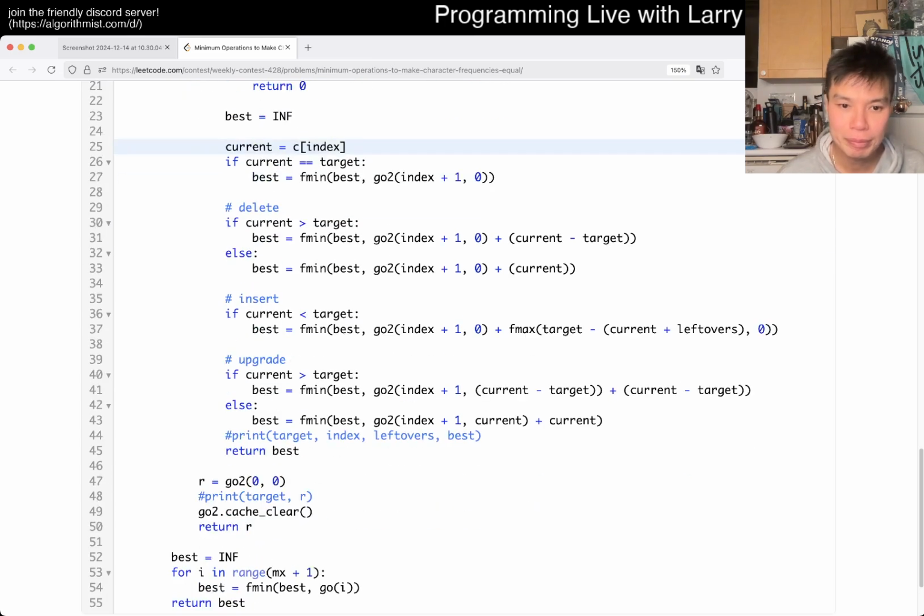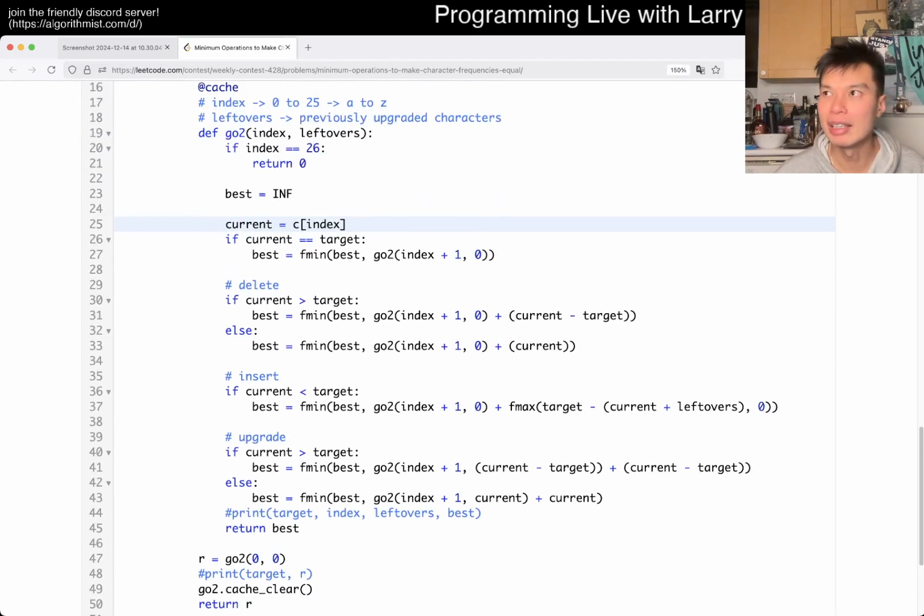Okay. And remember, I'll talk about it when I get to upgrade, I suppose. Let's go to delete. Delete is pretty straightforward. If current is greater than target, right, then we want to get from current to target. Again, same logic with the leftovers. We'll talk about it in the future. And this is the cost, right?